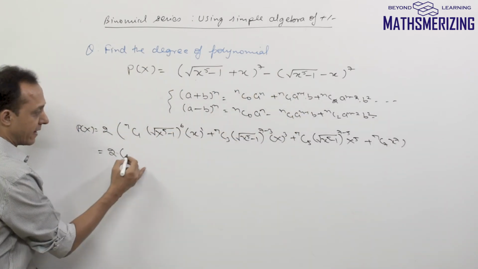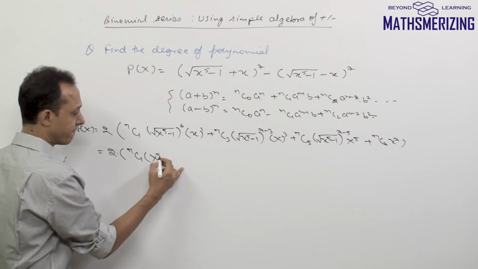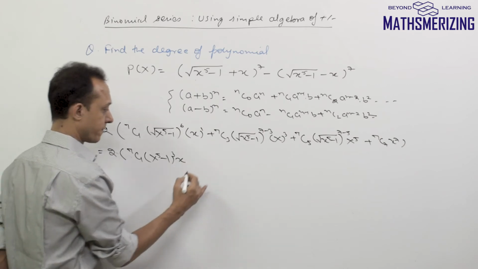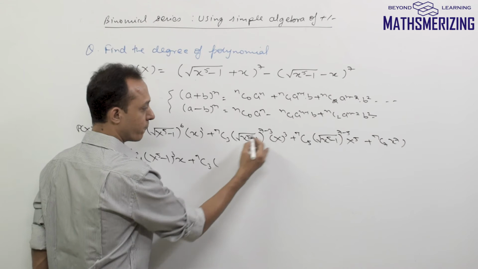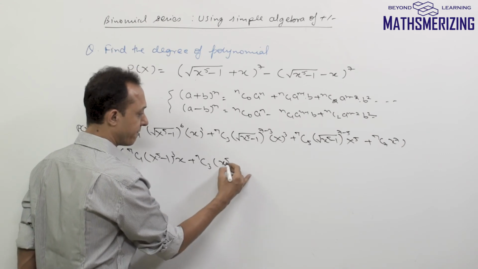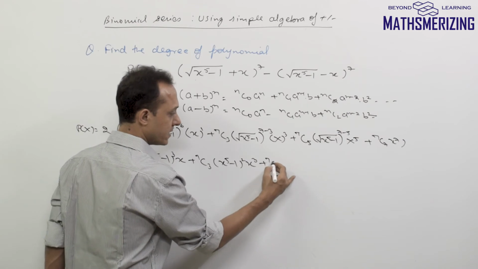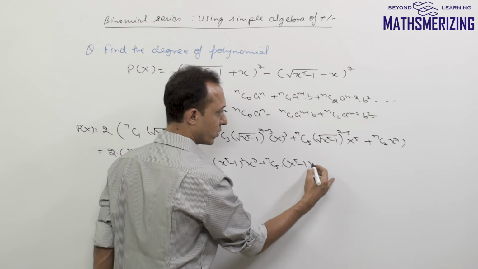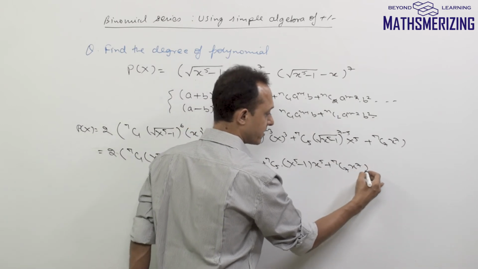If I simplify, I'll write it as 7C1 (x⁵ - 1)^(6/2), which is (x⁵ - 1)³ into x, 7C3 and there'll be 4 by 2, which is 2, so (x⁵ - 1)² into x³, 7C5, so it'll be simply (x⁵ - 1) x⁵, and then 7C7 into x⁷.